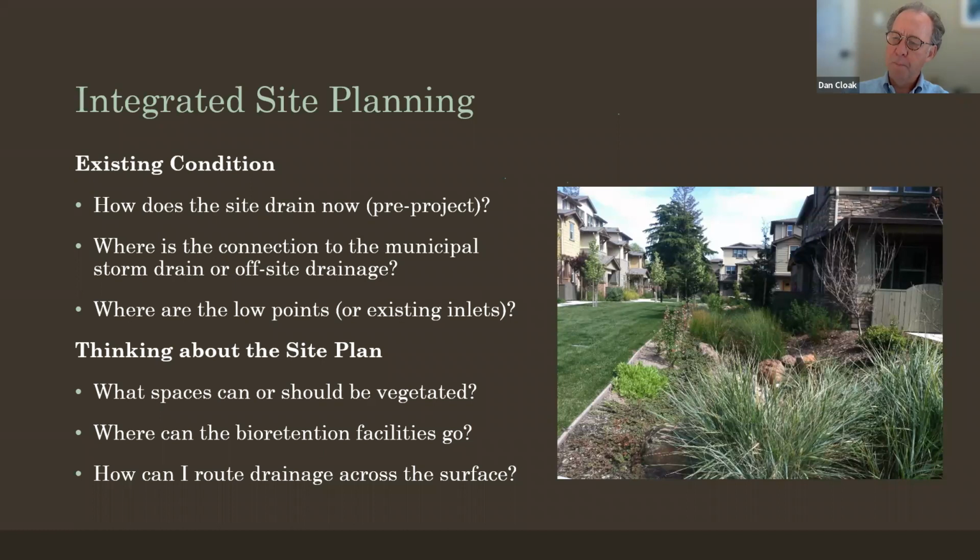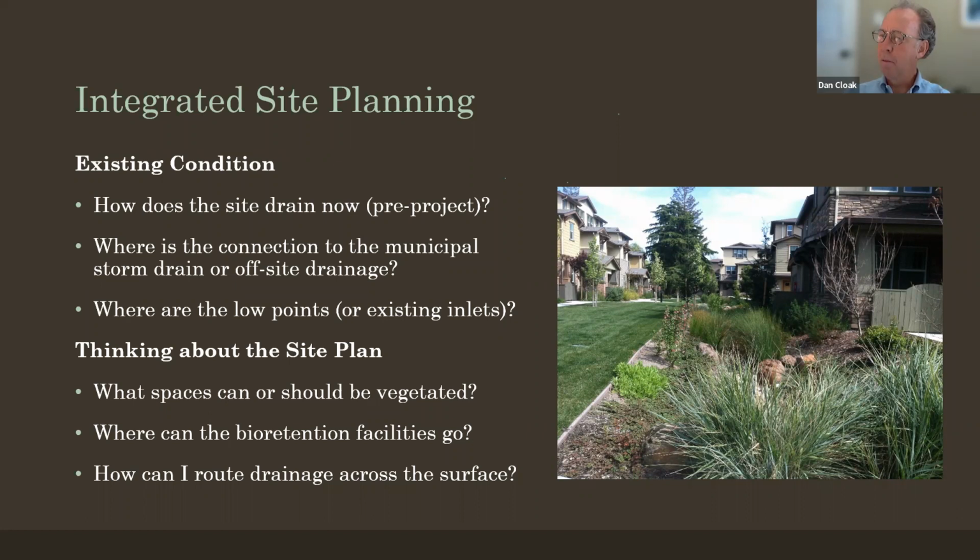And so this process of integrating the landscaping plan, and having the bioretention facilities placed within the site plan in a way that takes into account the drainage, at the same time that the landscape architect is looking at how the aesthetics of the site work, and the site planner is looking at how the circulation works, and the whole issue of how we are going to route the drainage, how we are going to locate the facilities, where our focal points are, all comes together.